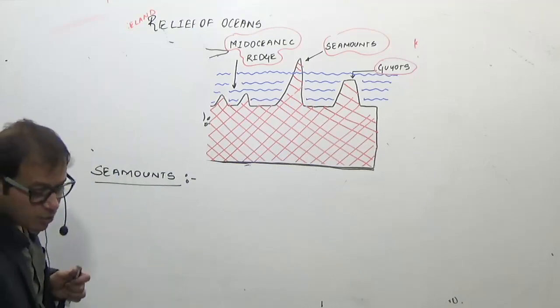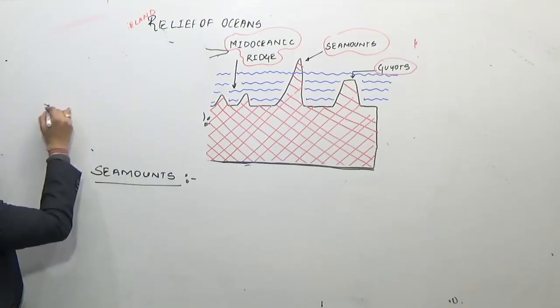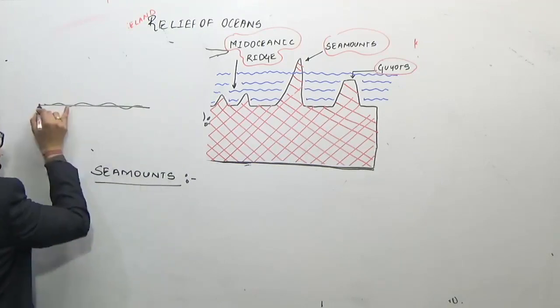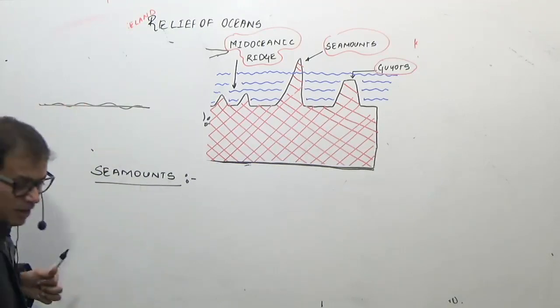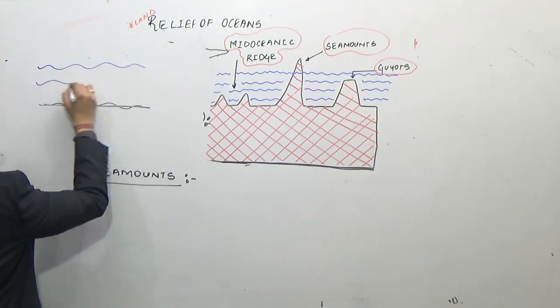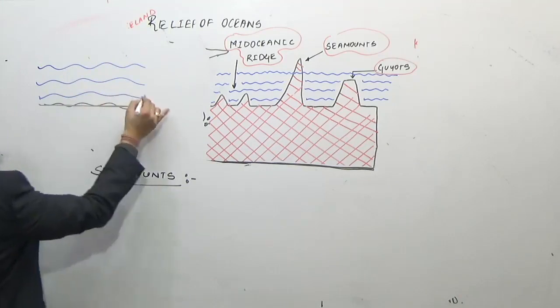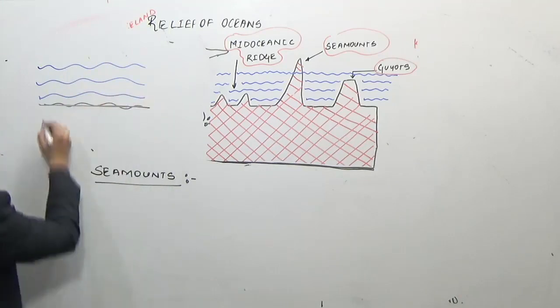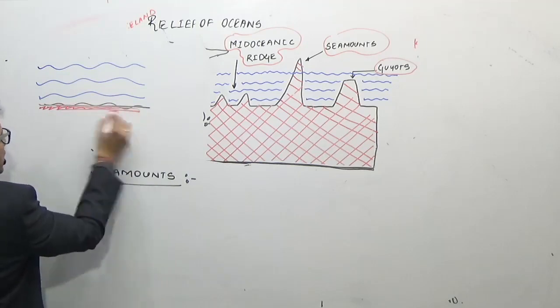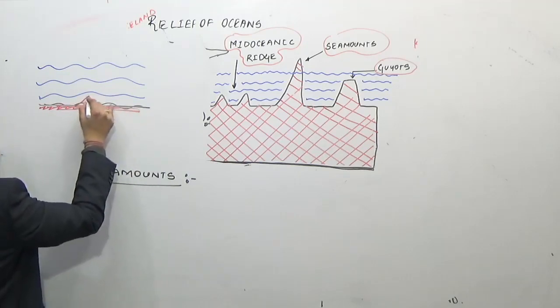Sometimes the ocean floor is very weak. On this weak ocean floor, downwards, there is a collection of a large amount of magma or lava. This magma or lava comes out as a volcano.